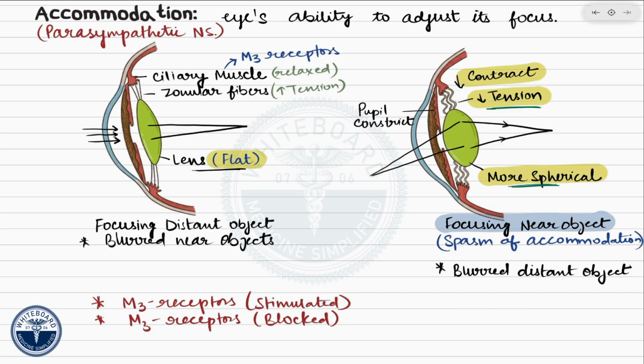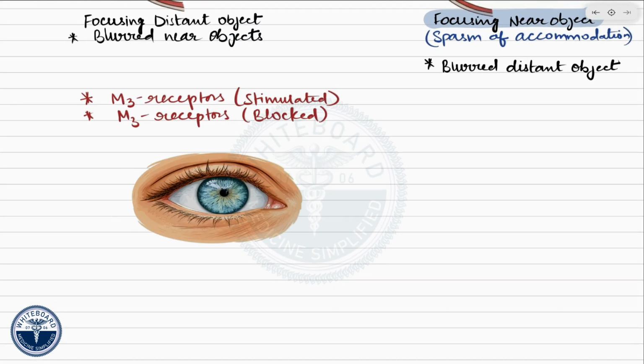Now let's see how this principle helps us distinguish between different autonomic mechanisms. Suppose a patient presents with miosis. As we discussed earlier, this finding could result either from stimulation of muscarinic receptors or from blockade of alpha-1 receptors.